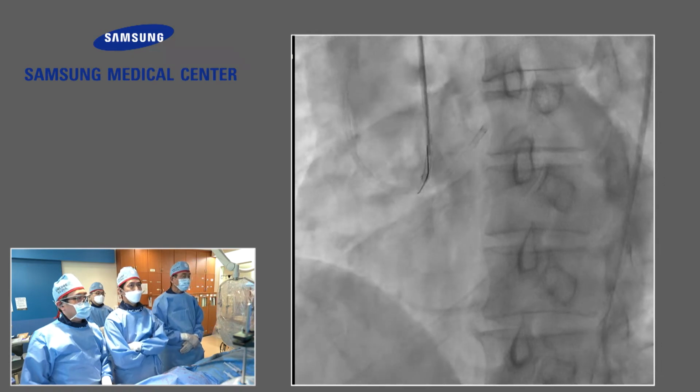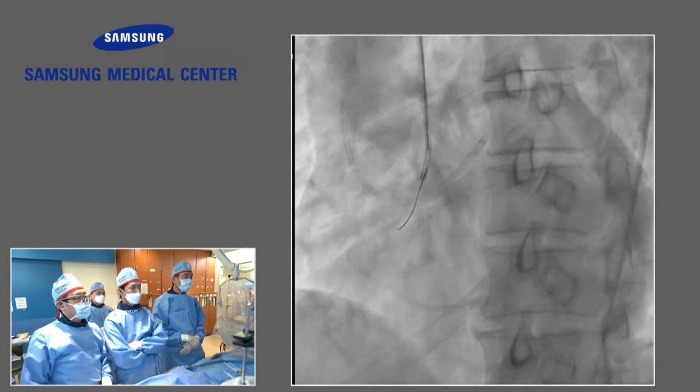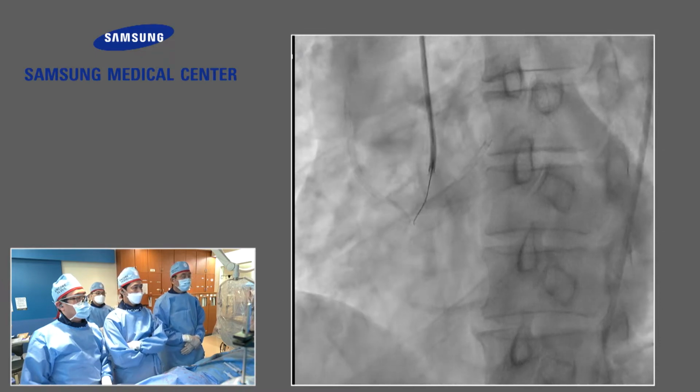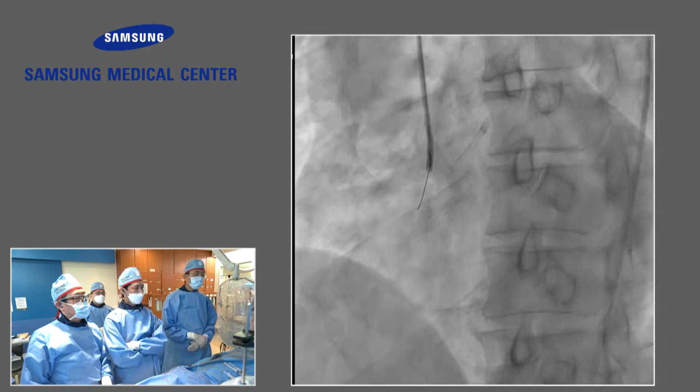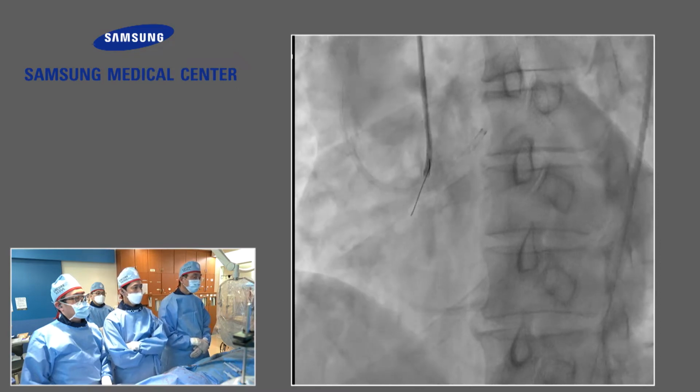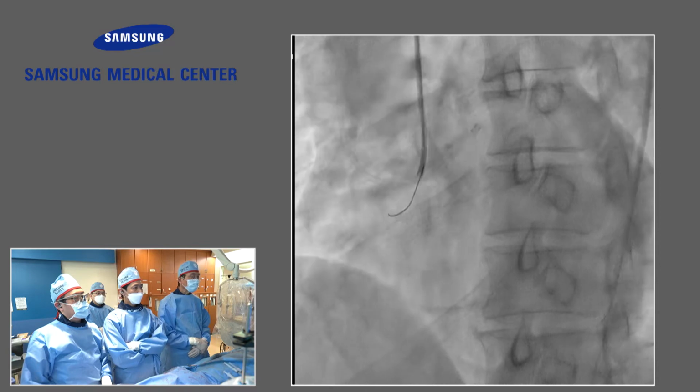It's very anteriorly originating, the most frequent anomalous origin of the RCA. But I tried the Runthrough wire.